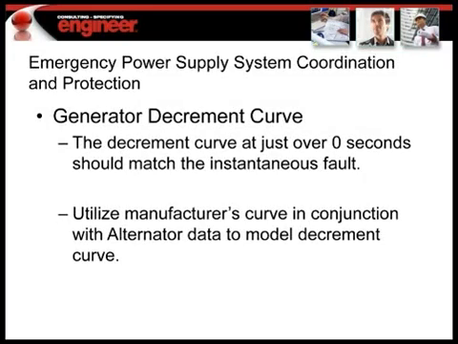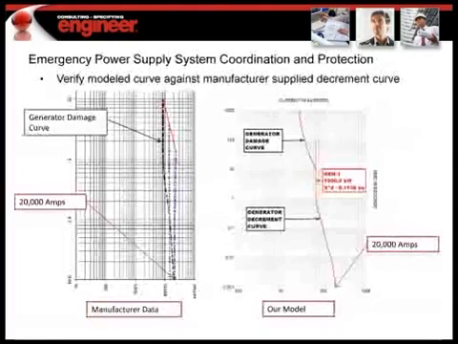Some of the double checks you want to do is make sure the decrement curve matches the instantaneous fault that we calculated. And it's a good idea to take the manufacturer's curve and the modeled curve and put them side by side and make sure that they match. Here's an example of that.